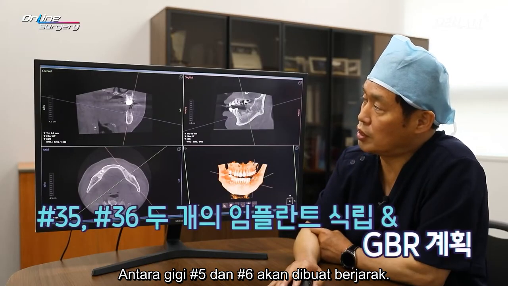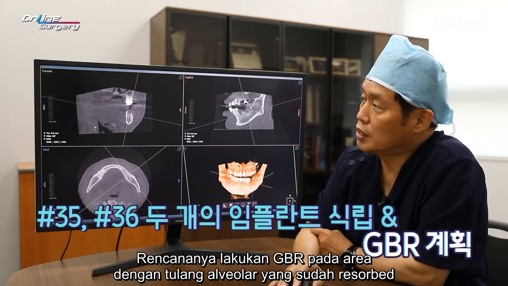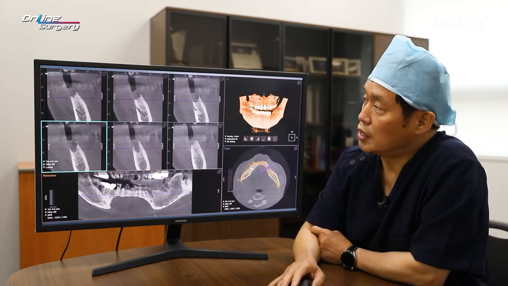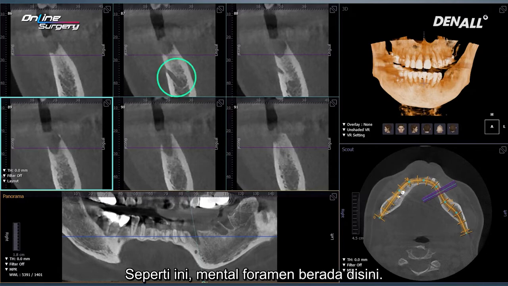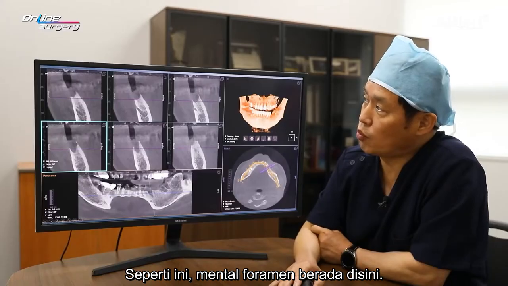Distance was going to be made between number 5 and 6, and in the area with resorbed alveolar bone, GBR was planned. As you can see in number 5, the buccal plate is resorbed significantly. The mental foramen is here.